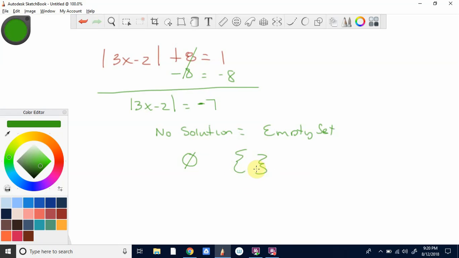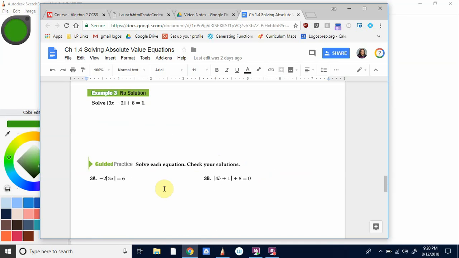All four of these are ways to write no solution. So pause this video and work on solving guided practice 3A and 3B. Make sure you isolate the absolute value first and then set it equal to itself and then to its opposite.